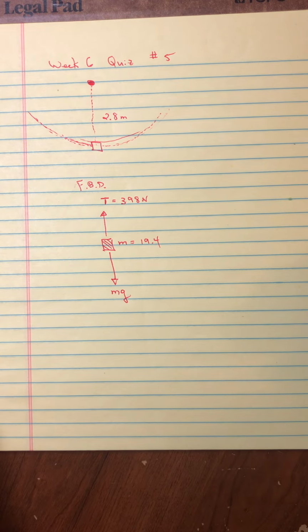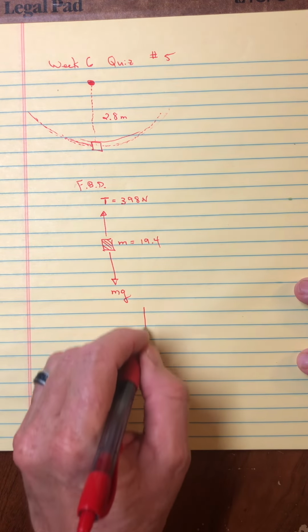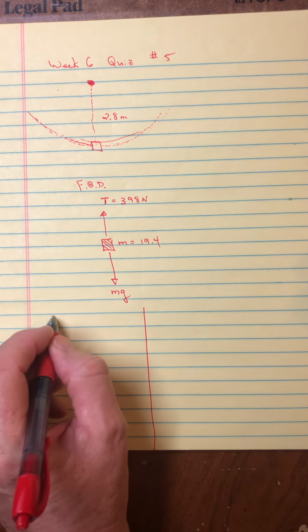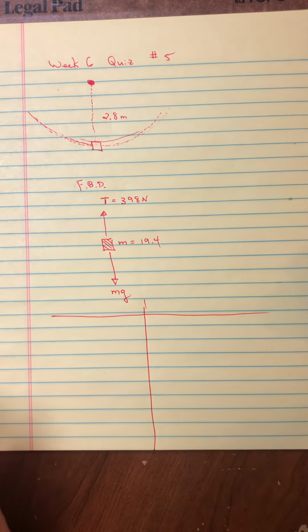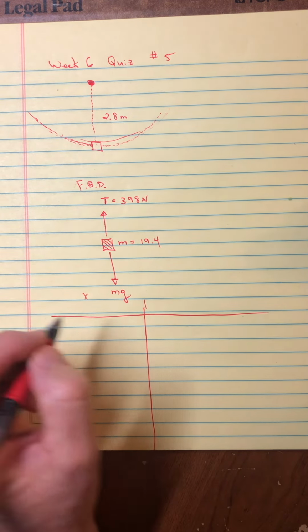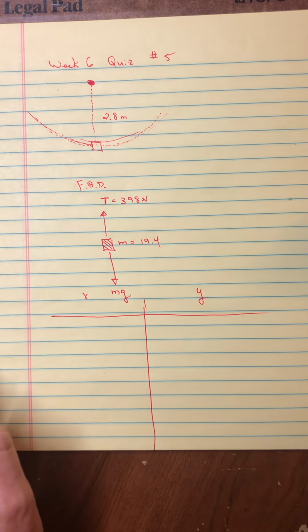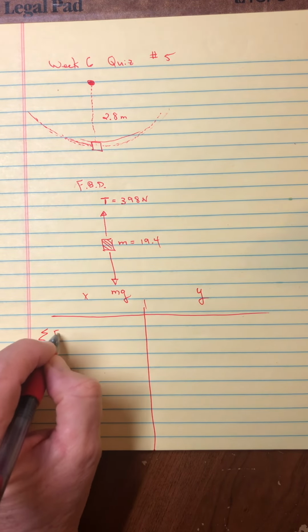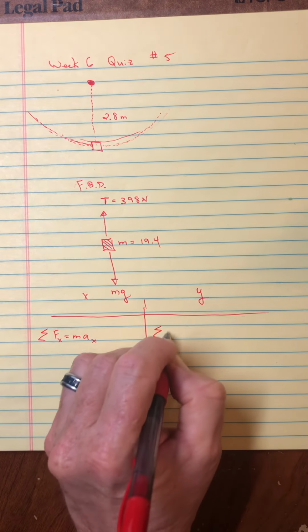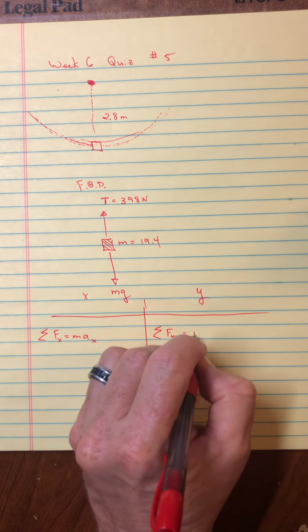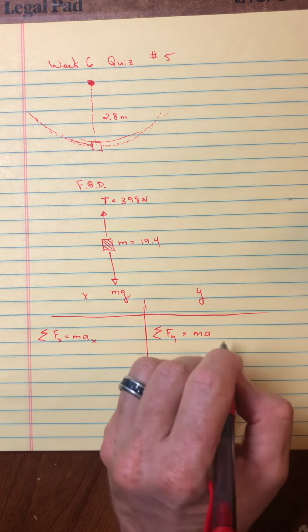Okay, so then I go off to, as you probably saw in the other two questions on this quiz and any of my other videos, I like to say divide your paper into two, X and Y, because this is what I mean by adding up the forces: putting them into this equation.